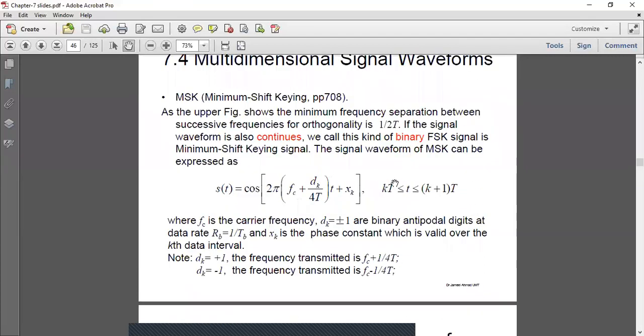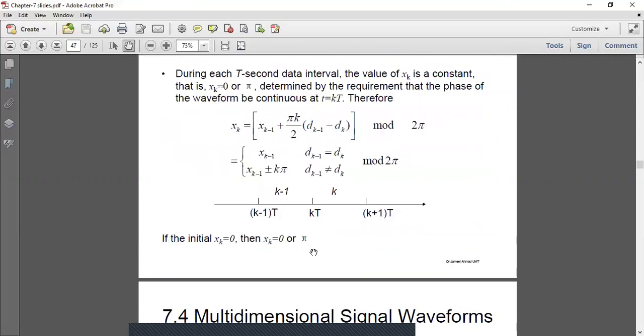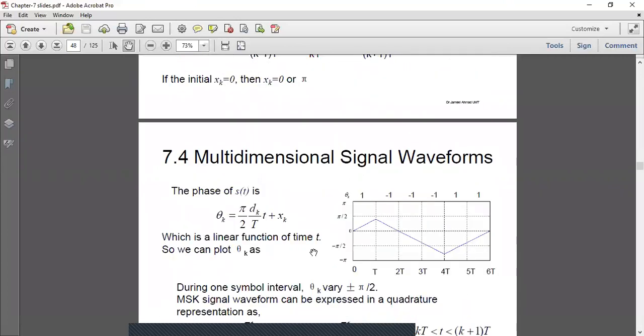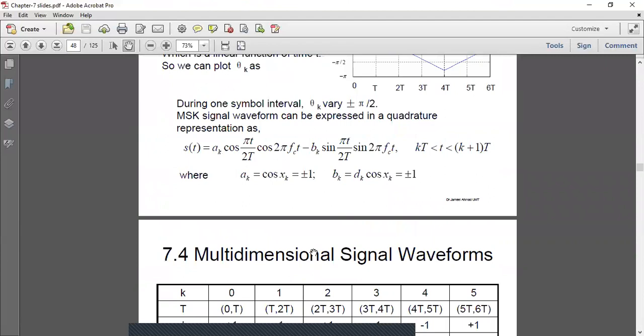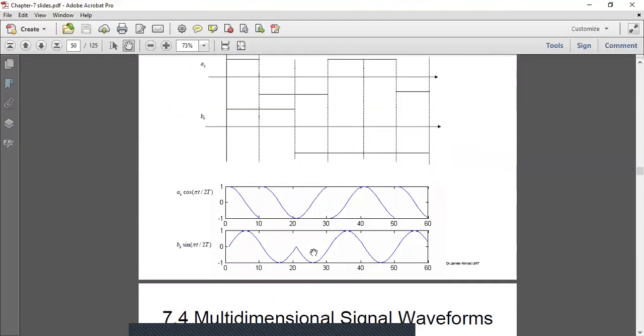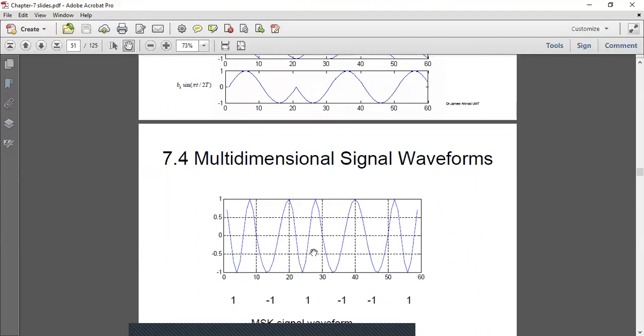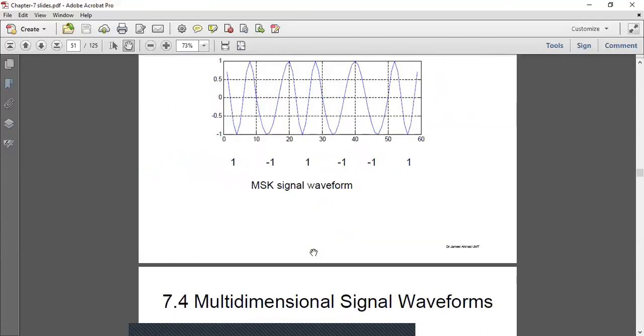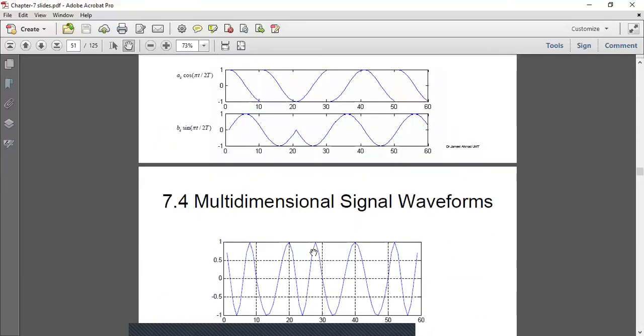Then another multi-dimensional signaling is called MSK, or minimum shift keying. We can also read this, but I will skip it because it is a little bit involved. So we will not consider MSK, but this is a very important modulation scheme, and it is a multi-dimensional signaling scheme.